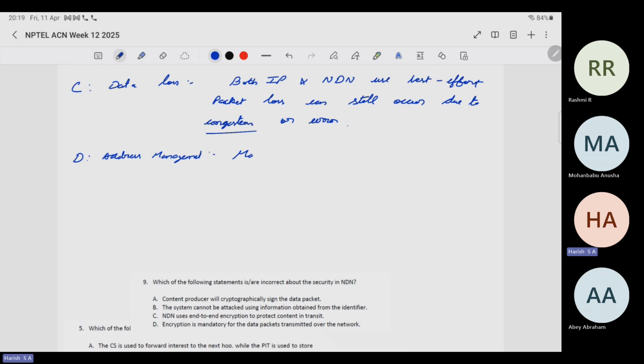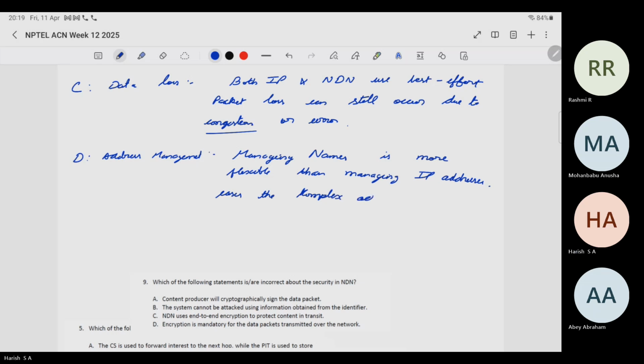Managing names is more flexible than managing IP addresses, so this eases the complex address allocation.